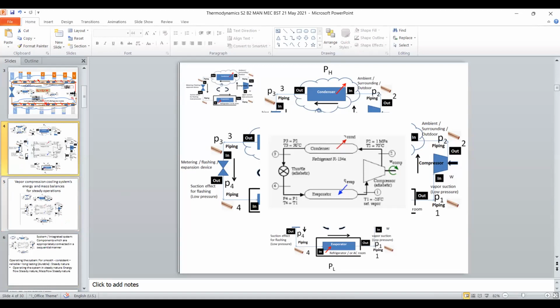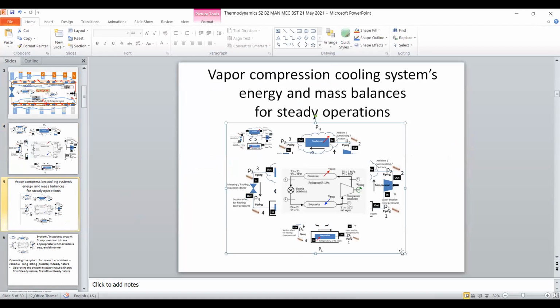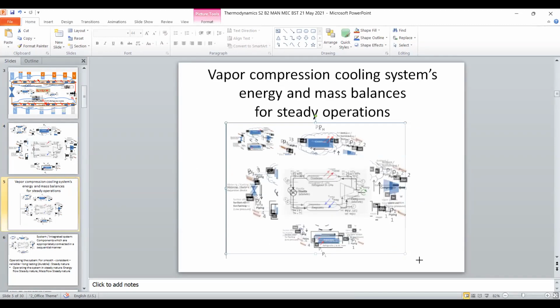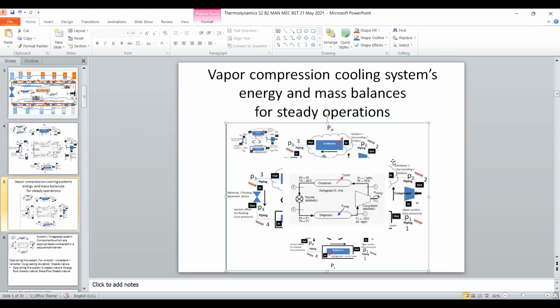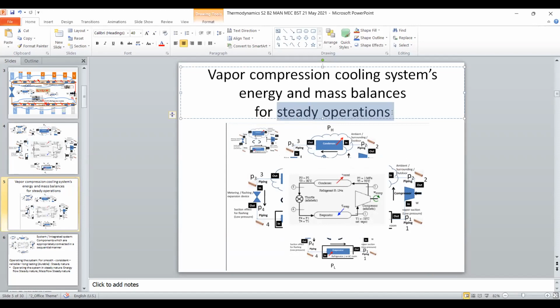And when it comes to a system, if this functions well, the system should be operated in steady nature.